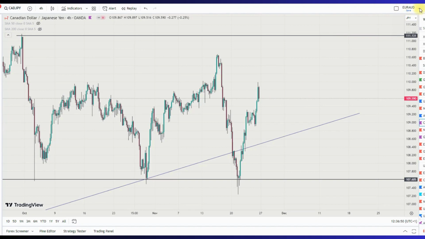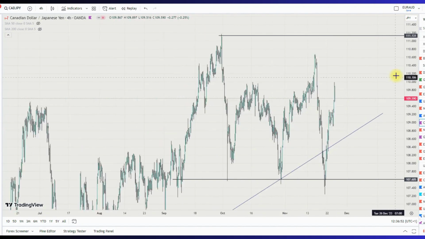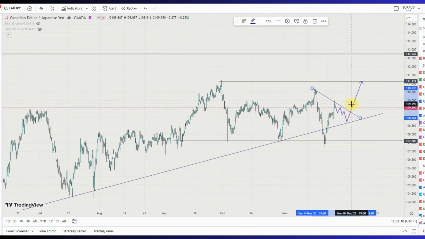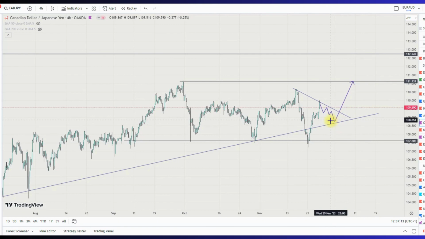So I think that's what I'm looking at on Canadian dollar JPY for price to come and retest this level. Probably Monday and Tuesday, we might see price coming back to retest this level and subsequently reject back to the upside. So this is what I'm looking to happen next week.